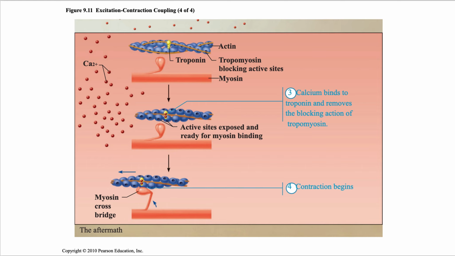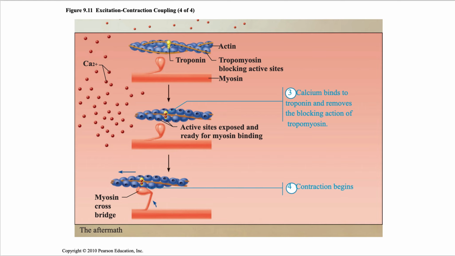When your brain sends a signal down your nerve to your muscle, that's exactly what's happening. The signal goes all the way down, crosses this synaptic cleft, propagates a new action potential on the sarcolemma of the muscle fiber, rushes down the T-tubules, opens the calcium in the terminal cisternae, and the calcium rushes into the sarcomere.